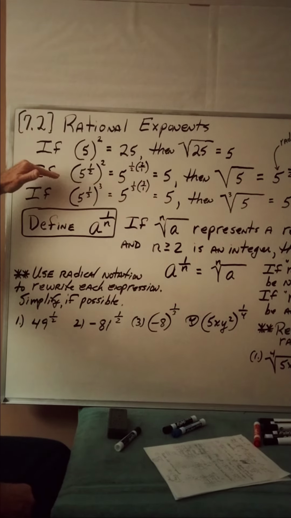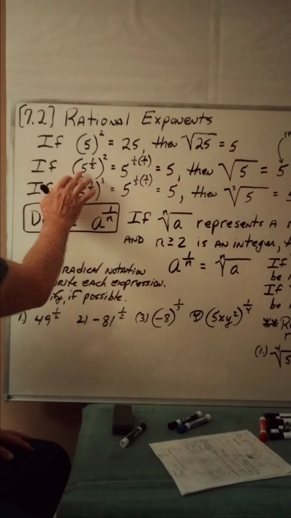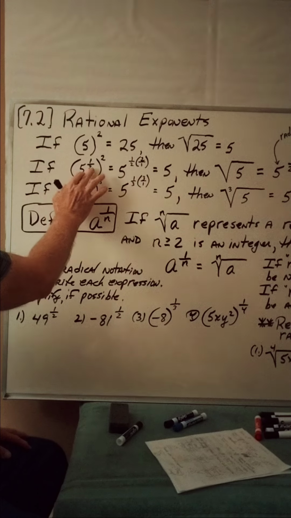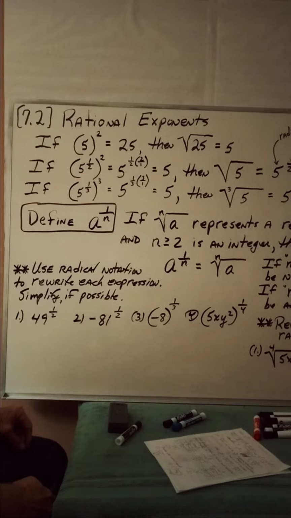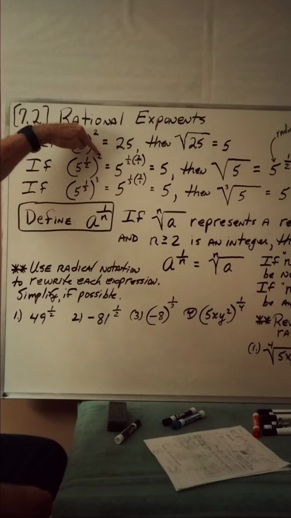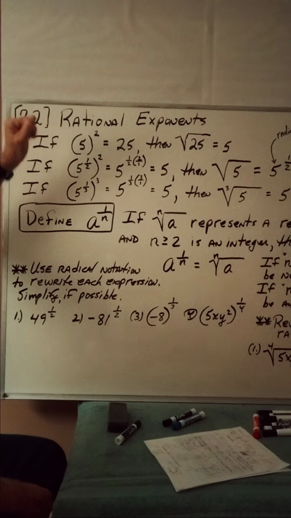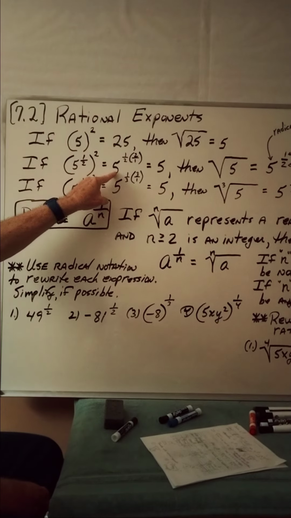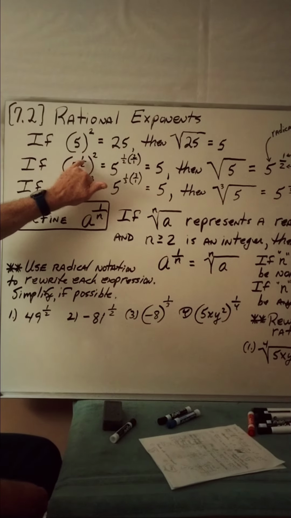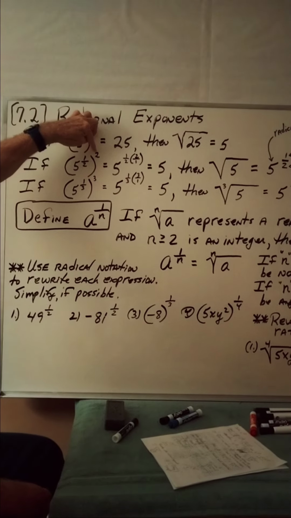So let's take a look at a second situation. If 5 to the 1/2 power, when we square that, we're looking at the power of a power. We bring over this 5, and we take the exponent of 1/2 and we multiply it by the exponent value on the outside.